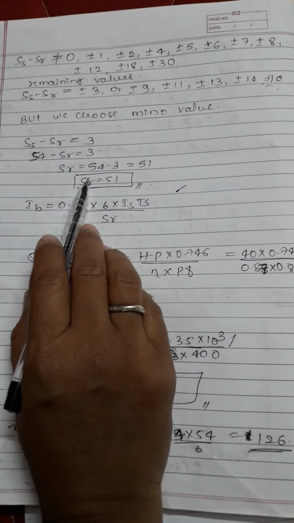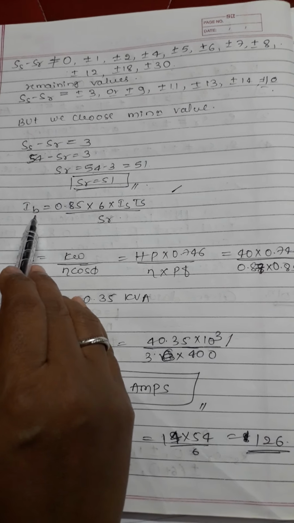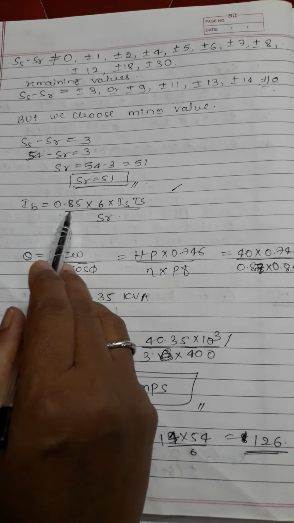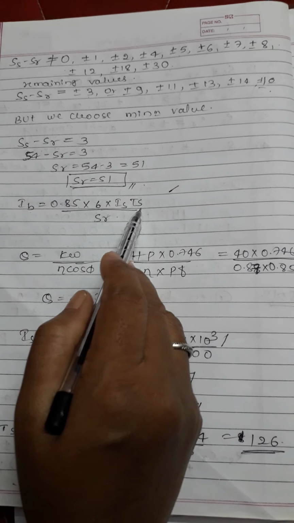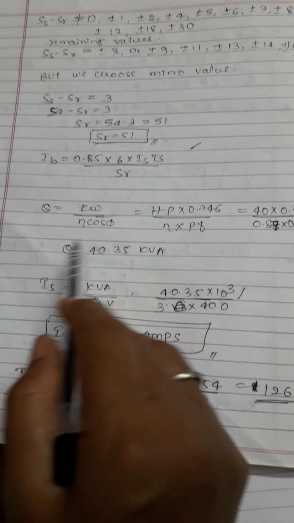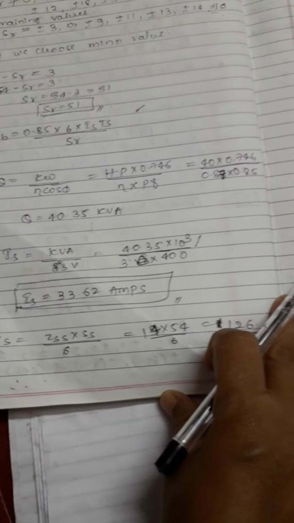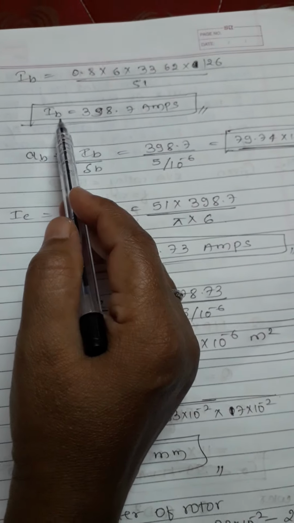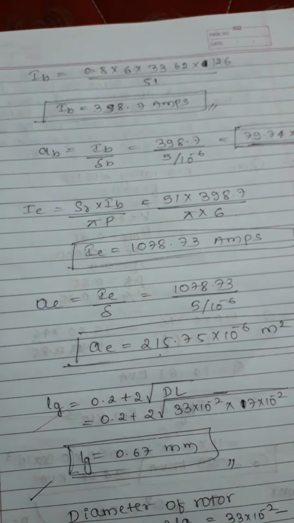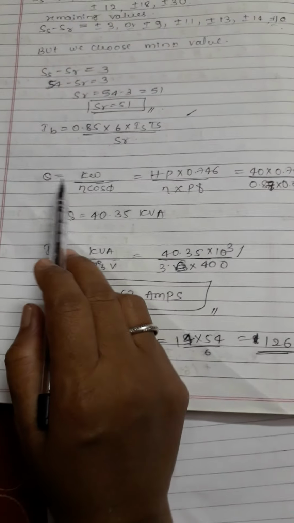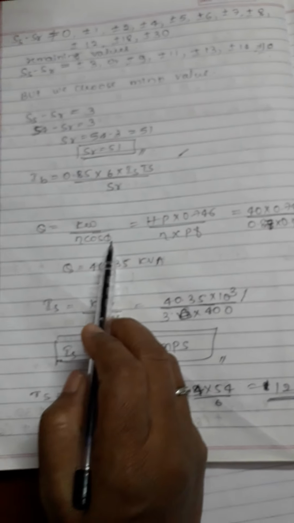Now from this data we can find out the IB and IE. For IB we know the formula: 0.856 IS TS upon SR. We have to substitute the values in this to get IB. But before that, Q we are knowing: kilowatt, efficiency, cos phi.